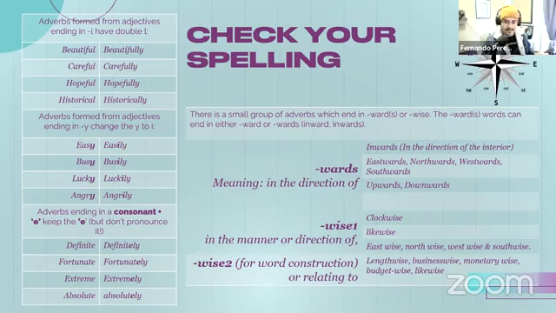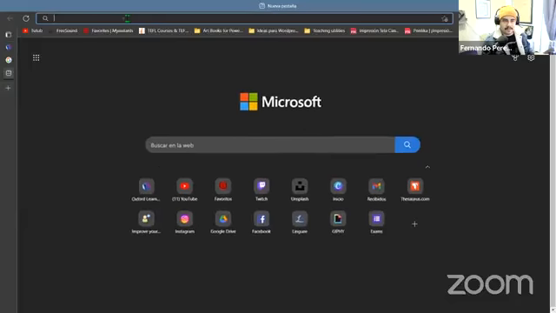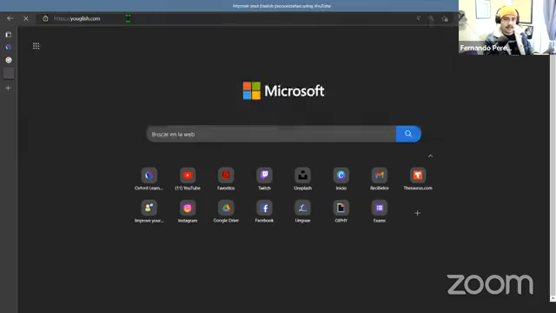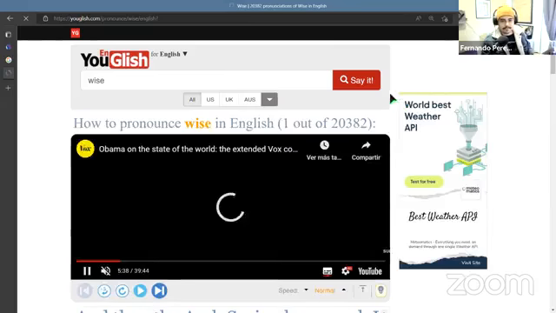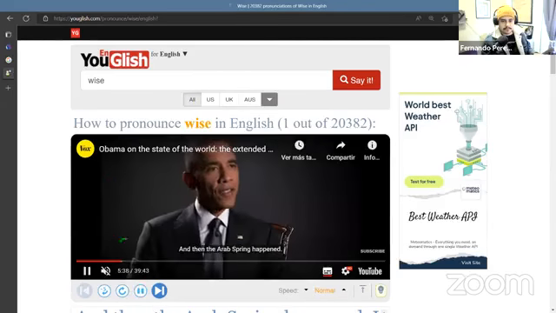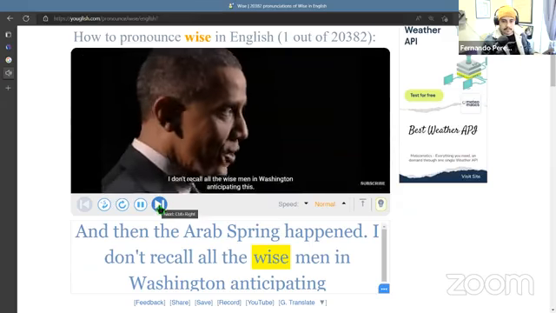Let's find something. Let's only find wise. Let's see what happens if we search just wise. I don't recall all the wise men in Washington.